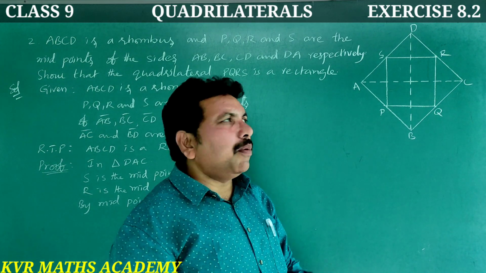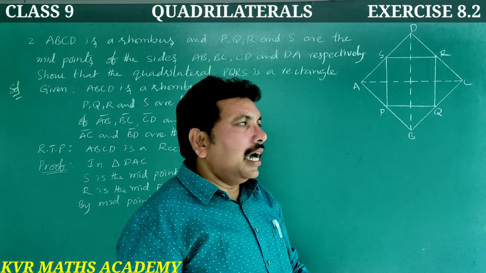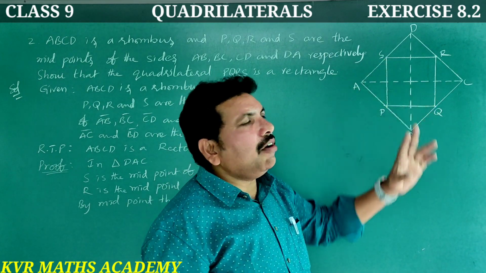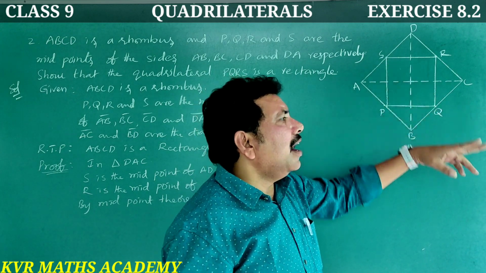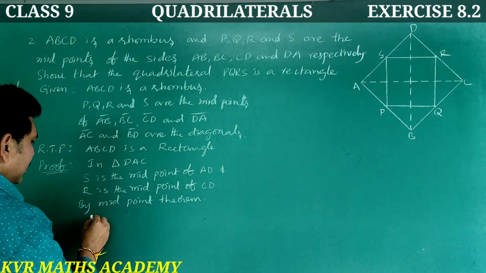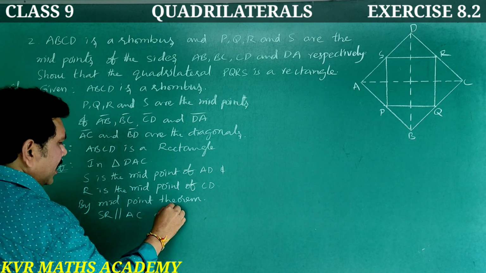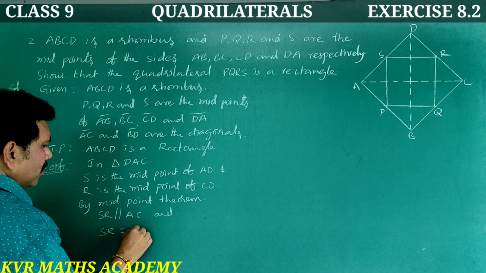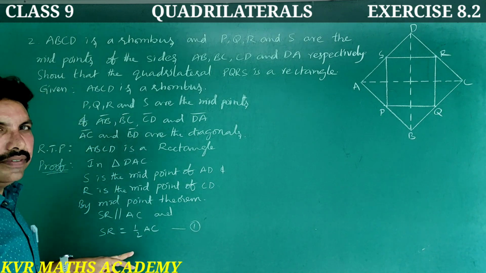That is the midpoint theorem. So here SR is parallel to AC and also SR is half of AC, isn't it? SR is parallel to AC and SR is equal to half AC. So this is equation number 1.